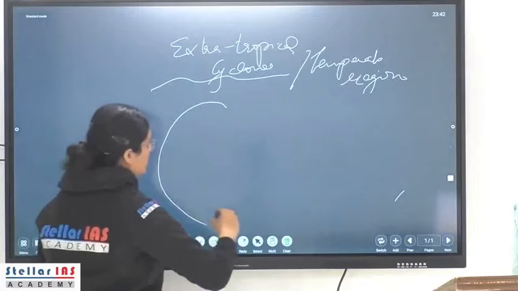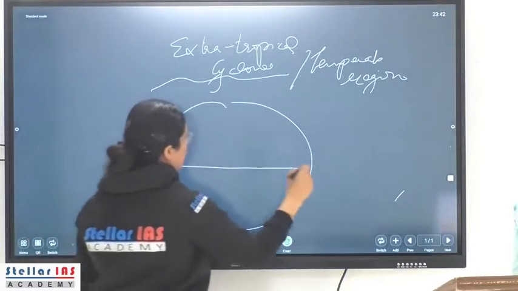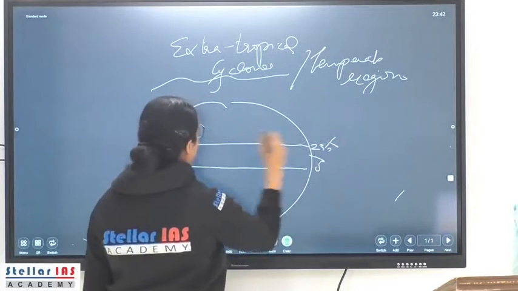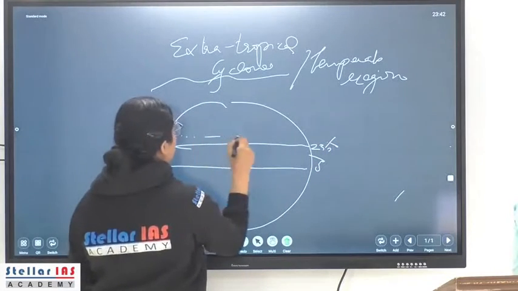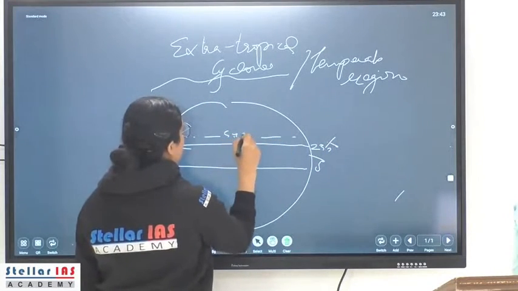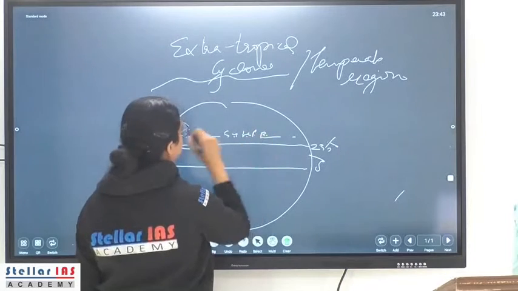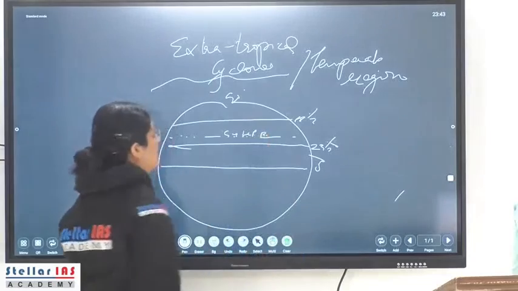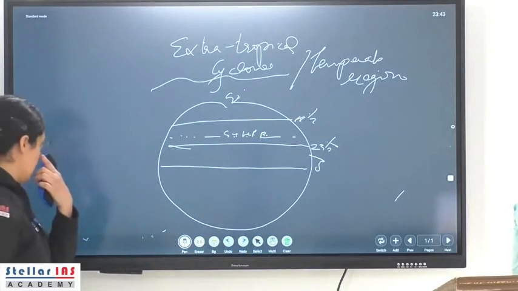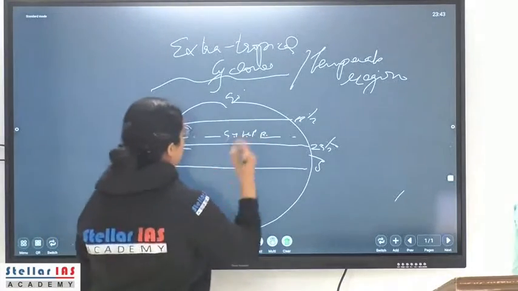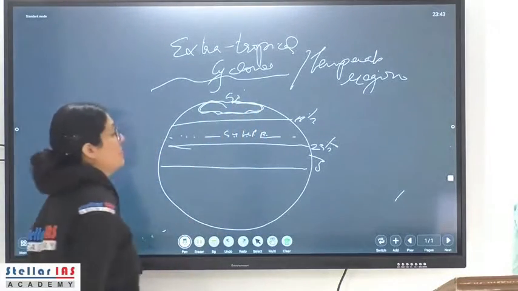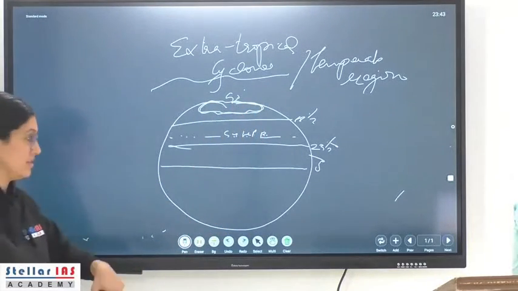So, consider, okay, somewhere here we have the subtropical high pressure belt, right. So consider that this is an air mass that has developed when in contact with the polar region.